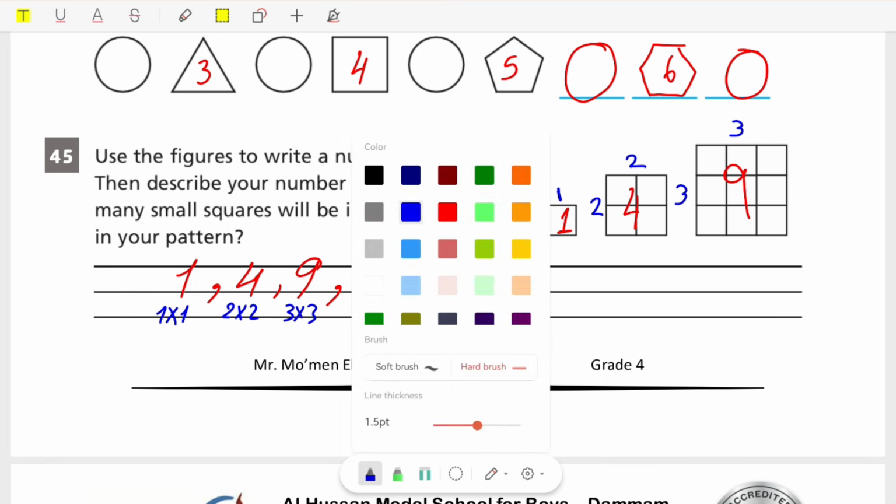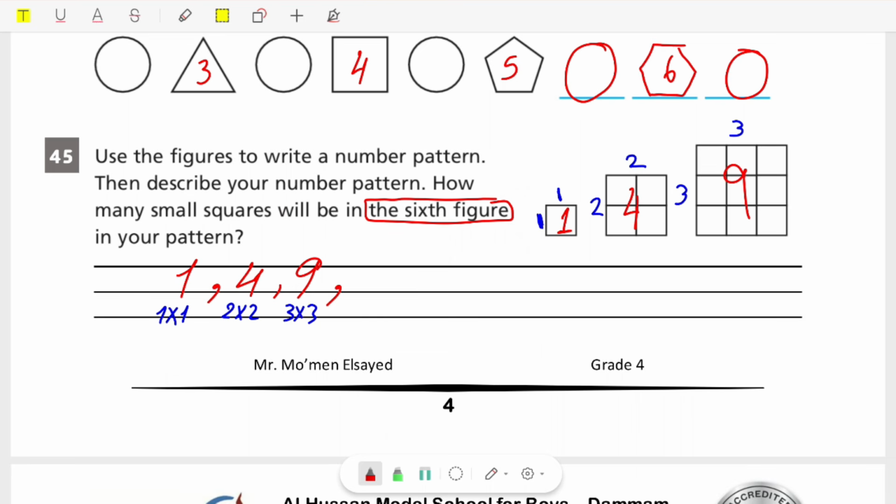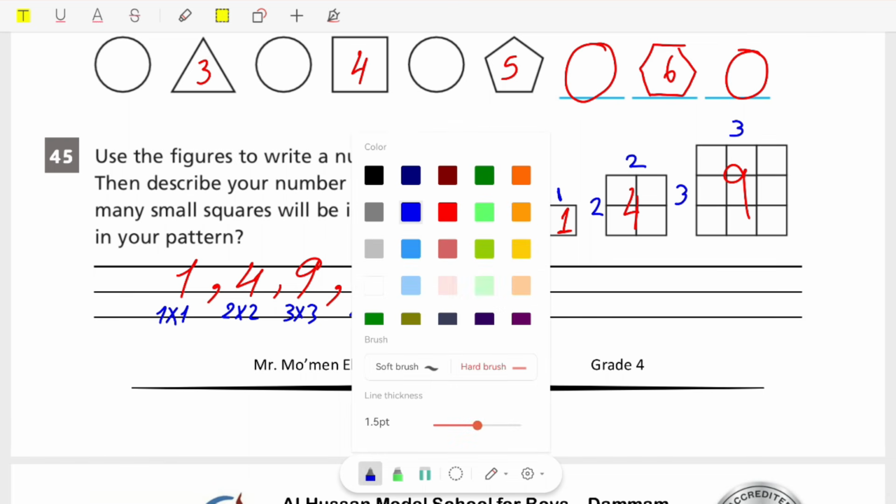So let's go with the same pattern here. It will be 4 times 4, 5 times 5, 6 times 6, right? So that's the pattern. Let's write the numbers now.